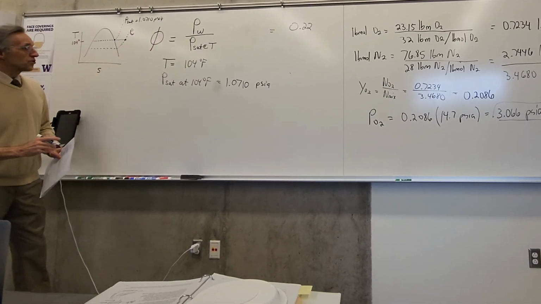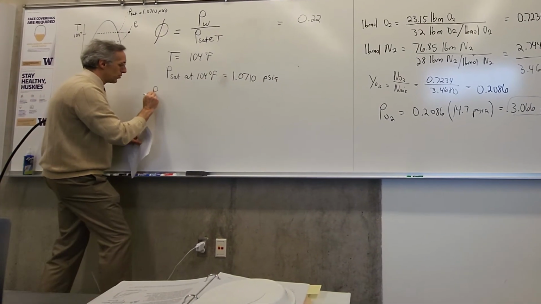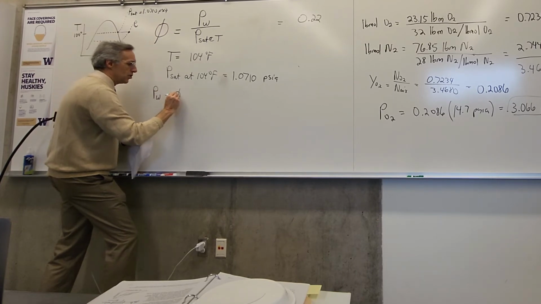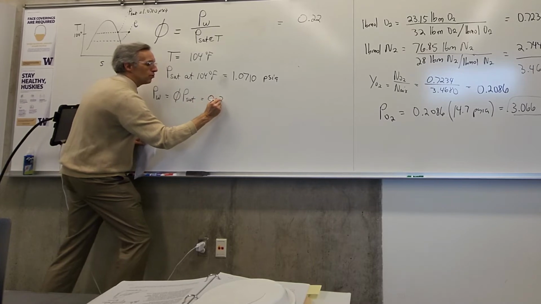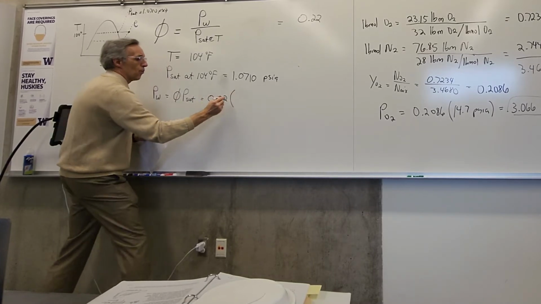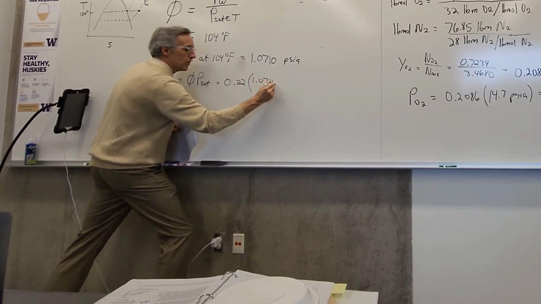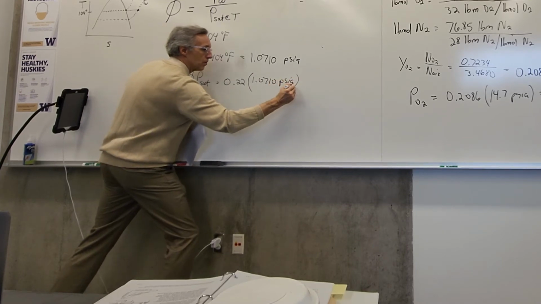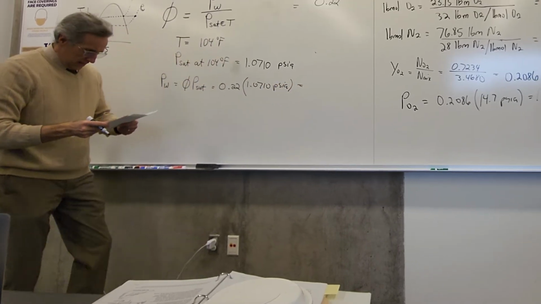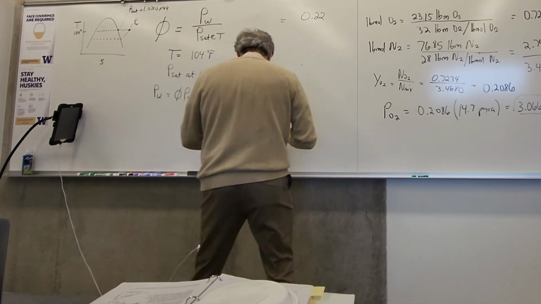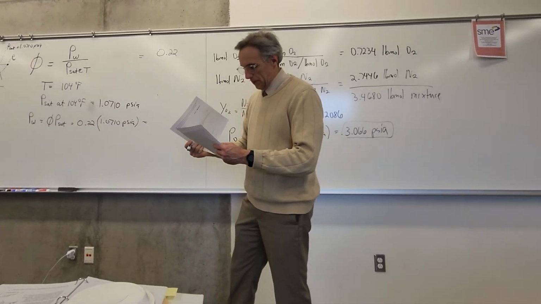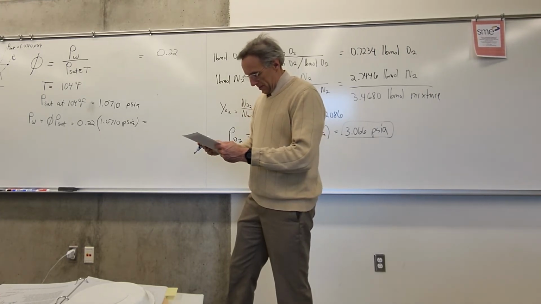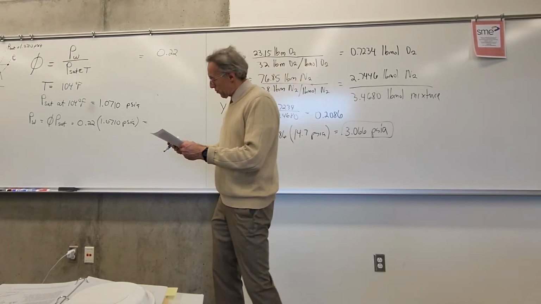Psat is 1.07, so we can calculate the partial pressure of the water vapor as the humidity times the saturation pressure, or 0.22 times 1.0710 PSIA, and that gives us 0.2356.